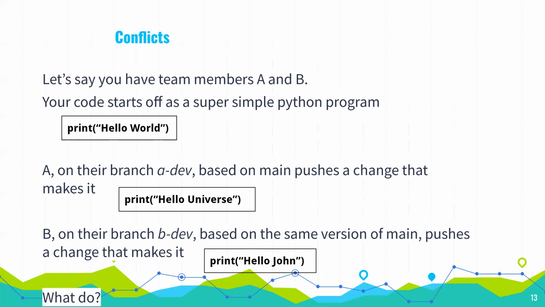On either your local repository, on the command line or in a text editor, you'll see that there is a conflict, and we'll get into this in the hands-on section.